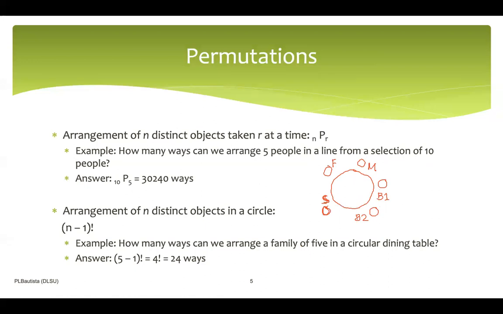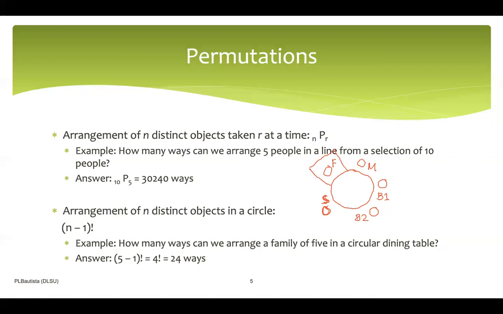Now, if you move each of these family members 1 seat to their left, okay, or clockwise, that is actually the same arrangement. Okay. So what we do instead is to count the number of possible ways to arrange them in a circle. You fix first one member and then count how many ways you can permute or arrange the other members, okay, or the other objects.